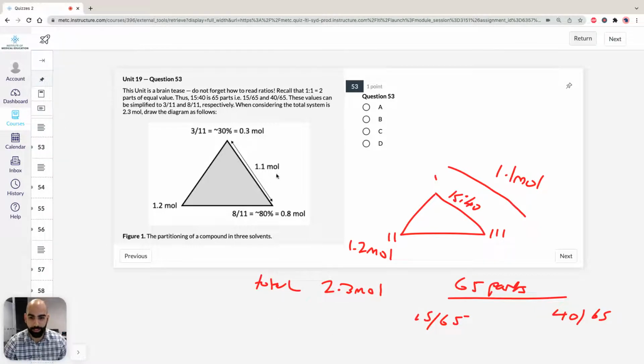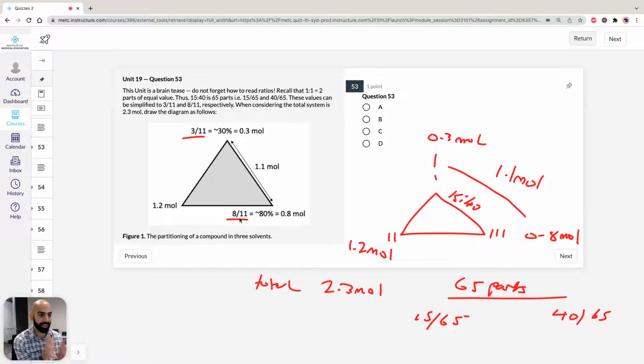We can simplify these to, as I've put it here, 3 over 11 and 8 over 11. And you can see that 3 over 11 is around 30%, which means 1 is going to be about 0.3 mole, whereas 3 is going to be about 0.8 mole, because 3 is going to be 8 over 11, which is about 80%.